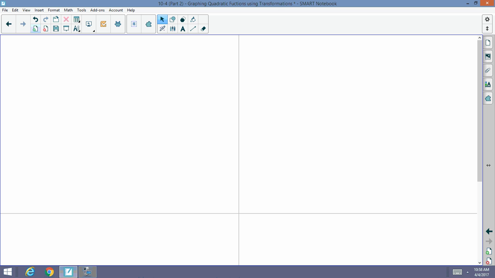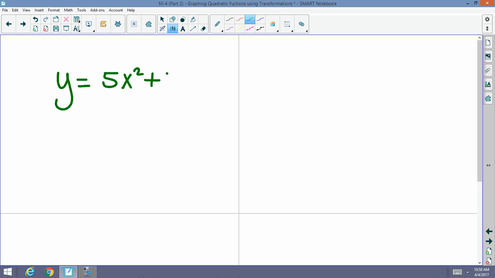Let's go ahead and write y equals, let's say, 5x squared plus 10x minus 7. I want to write that in vertex form.